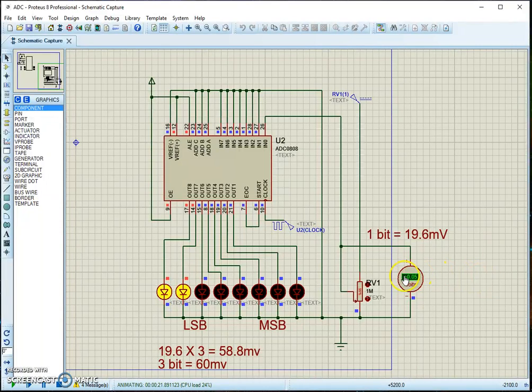Probably due to the fact that this conversion is not showing accurately. So let me do some minor adjustment, and we will look at the example again.